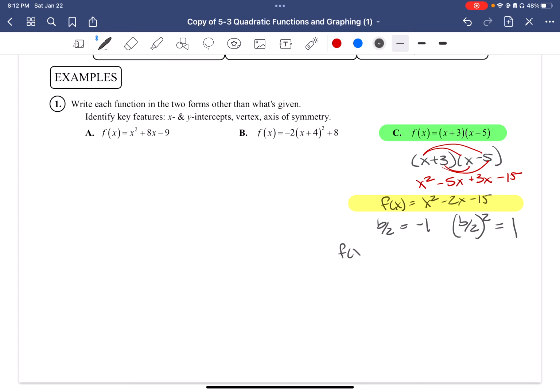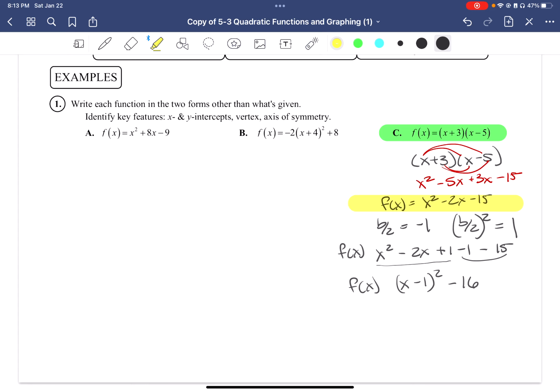So we take our function and we add and subtract that square. So add 1, subtract 1, keep everything else the same. This part right here is our perfect square, so we can rewrite that as x minus 1 squared. And then we take what's left over, combine it, -16. All right, so now we have our function in vertex form.